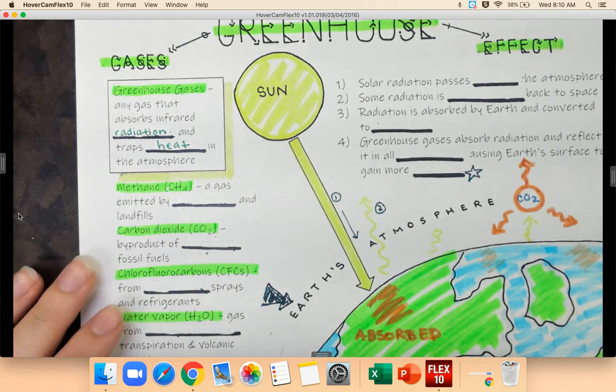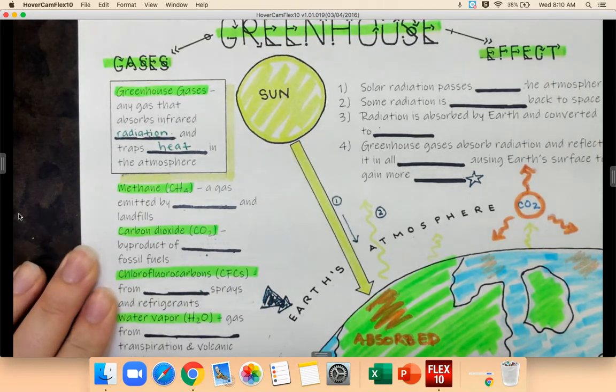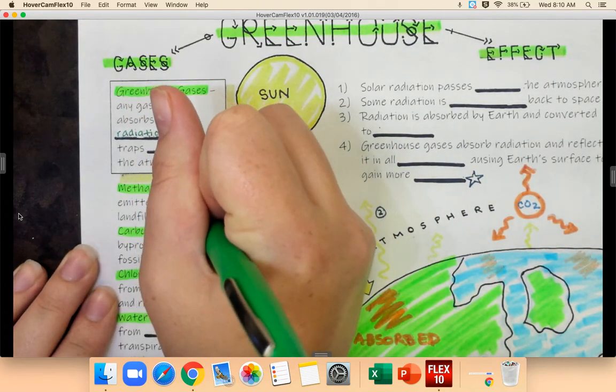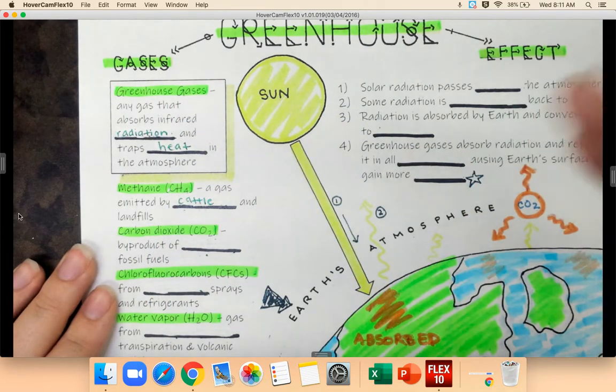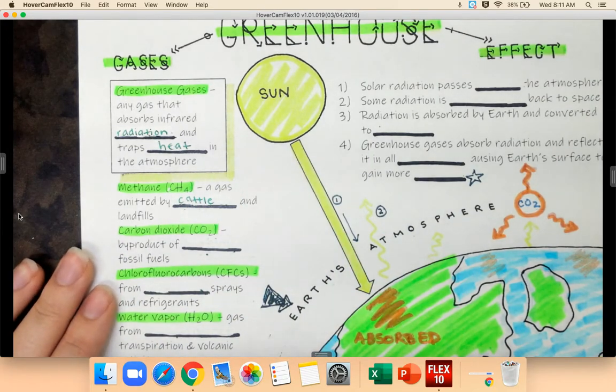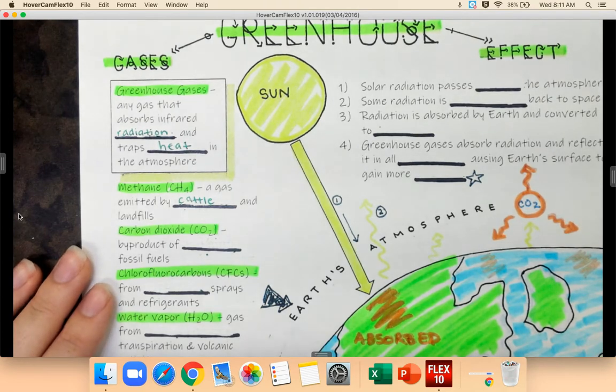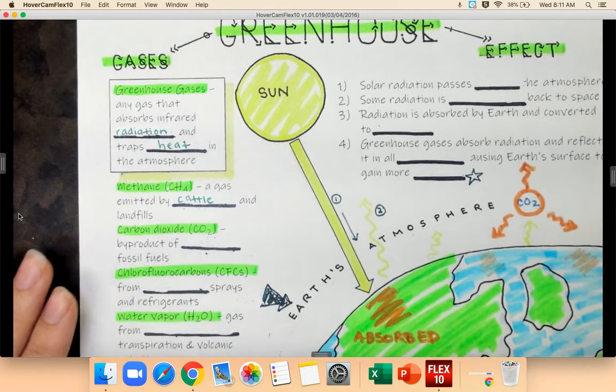The first one is methane, and this is a gas emitted by cattle. When cows or bulls fart, they release methane gas, and that's actually not that great for our environment. Methane also comes from landfills.